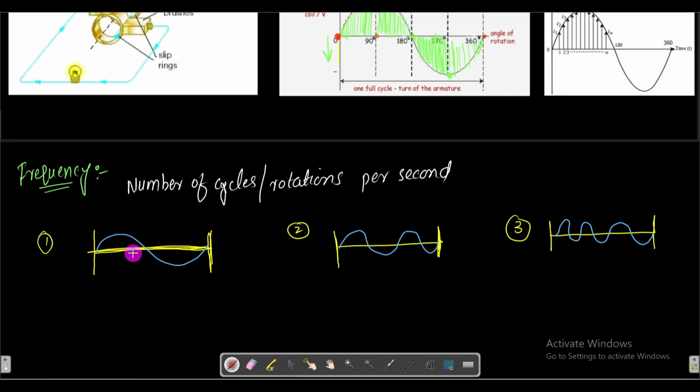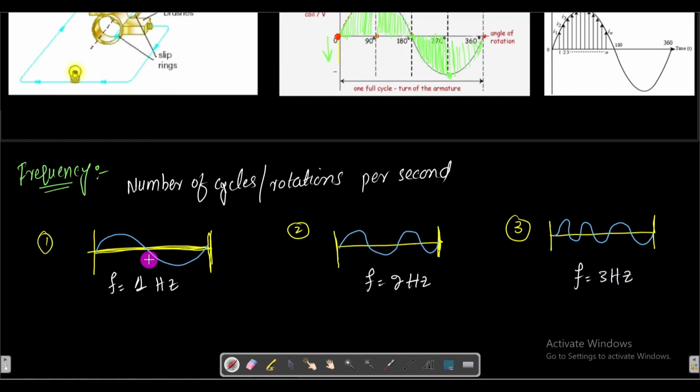So the frequency in the first case will be 1 hertz. In the second case the number of cycles is 2 and the time is 1 second, so the frequency becomes 2 hertz. In the third case the time is 1 second and the number of cycles is 3, so it becomes 3 hertz.